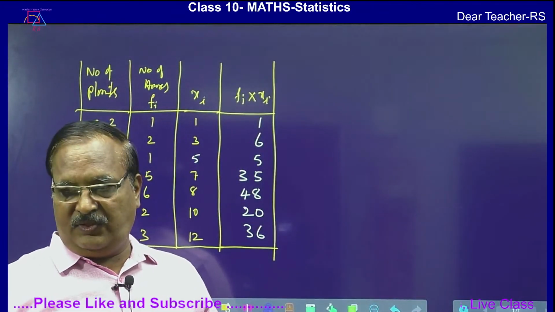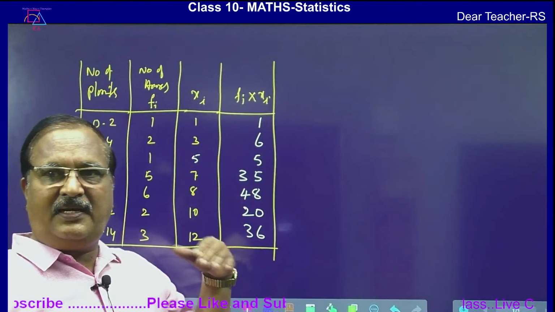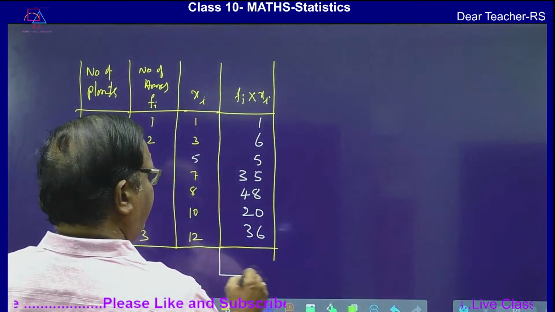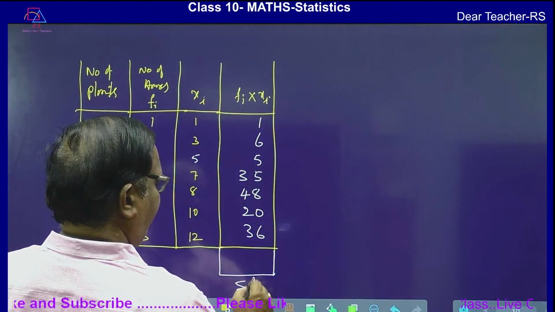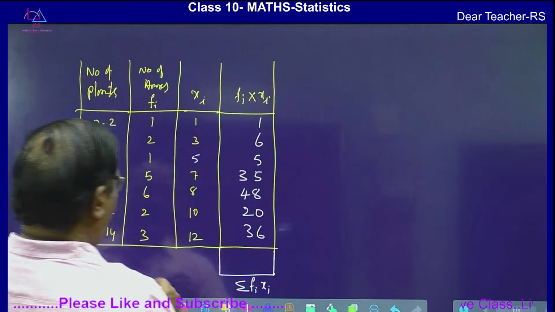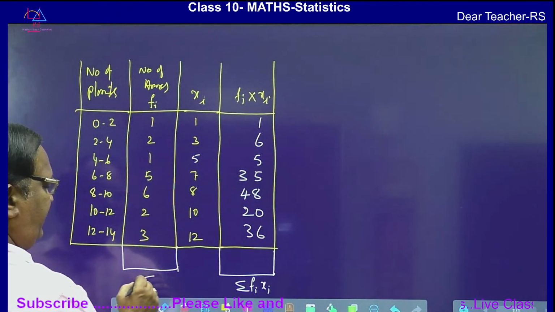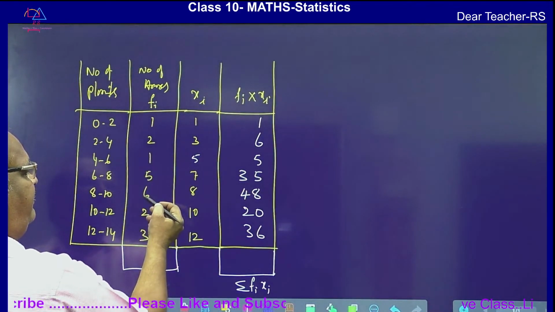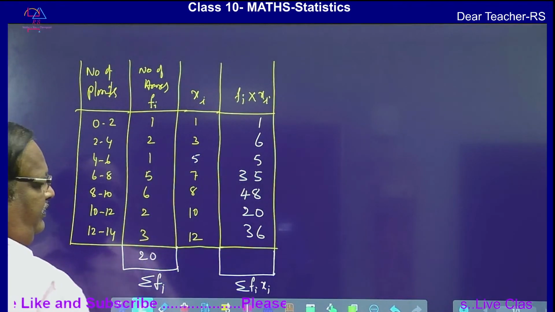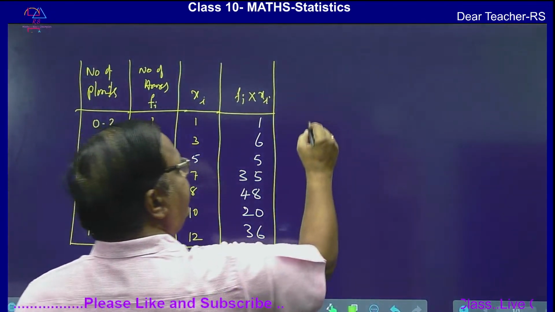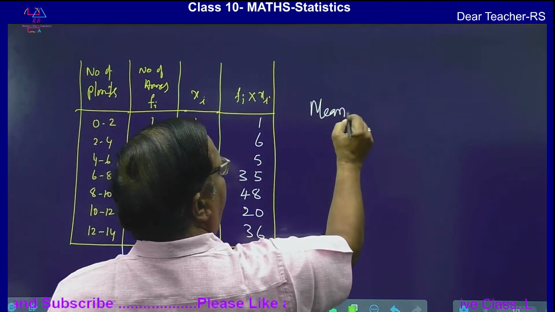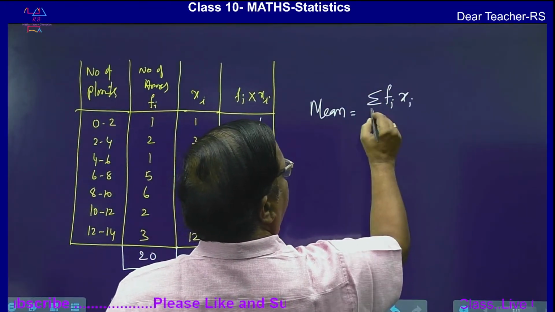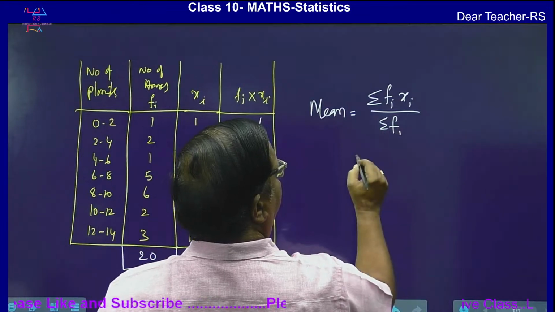Because small numbers are there, the direct method works. Now we have to add this column because we need sigma fi xi, and we have to add the frequencies also, because we need sigma fi. So 3, 4, 9, 15, 17, 20. Now mean is equal to sigma fi xi by sigma fi.